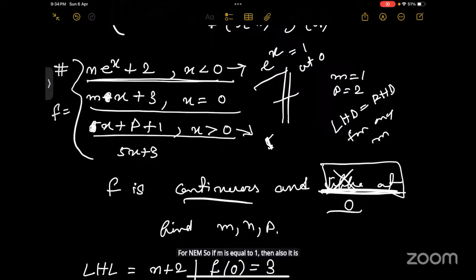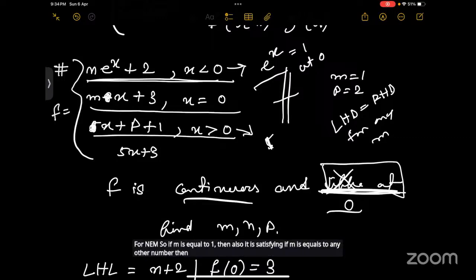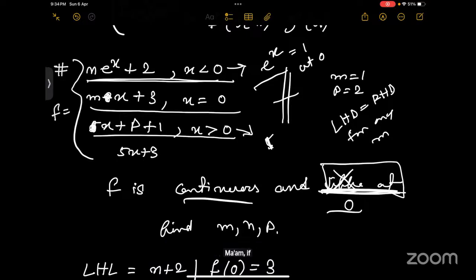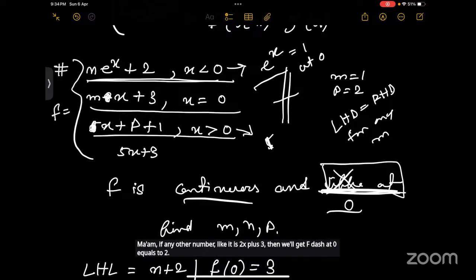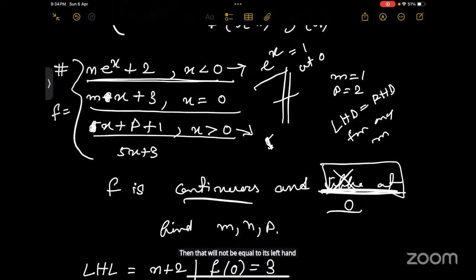If m is any other number, like 2x plus 3, then we'll get f dash at 0 equal to 2, and that will not be equal to its left hand or right hand derivative. Can you repeat? If we take any value of m, like 2, it will be 2x plus 3, then f dash at 0 will be 2.